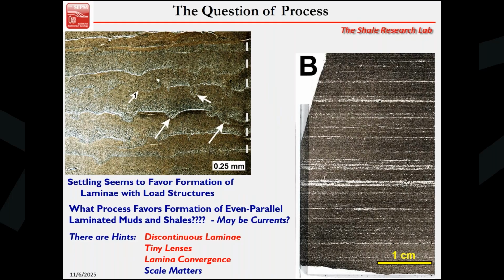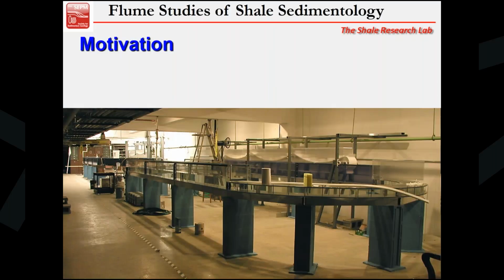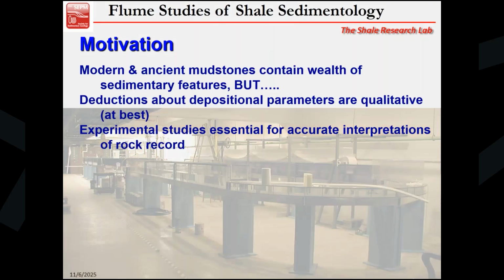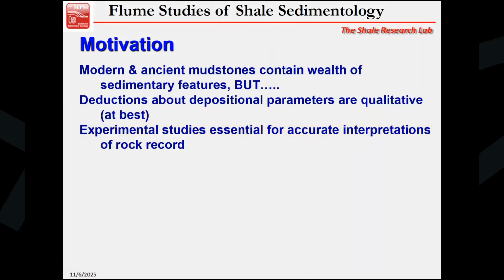And so that was a mental starting point for saying, okay, let's simply have a flume where we can push muddy suspensions through and see what happens. And that's this one here. So we had modern and ancient mudstones that contain a lot of sedimentary features.